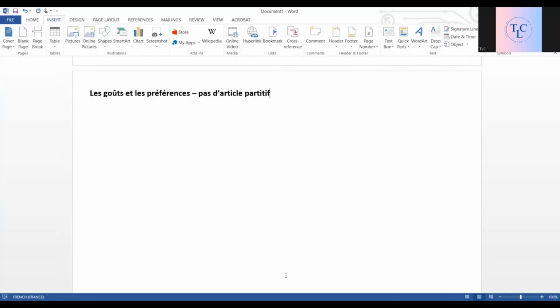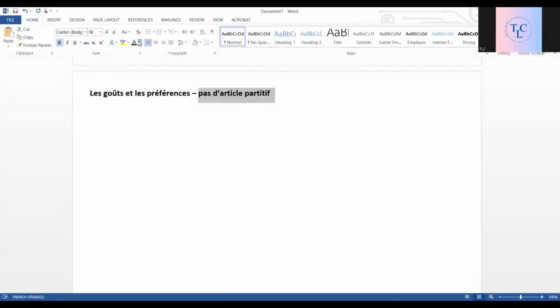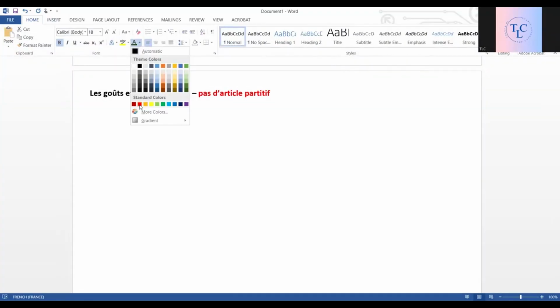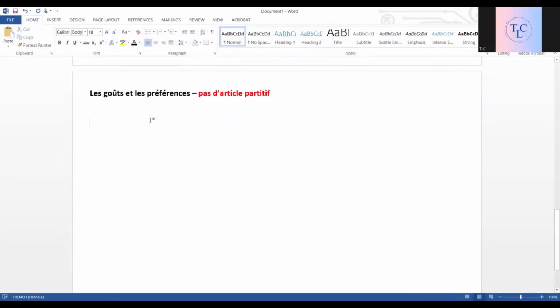Okay, so you should know when to put it, but you should also know when not to put article partitif. Okay, so here we cannot. Because, see, when you like something, you either like it or you do not like it, or you like it a lot, but we cannot say you like it in a quantity.